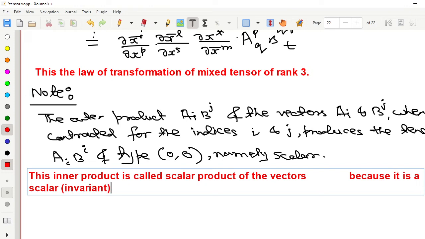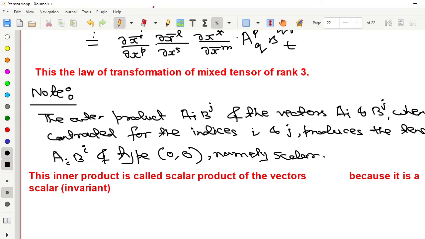The last problem of the last class was related to invariance only. The outer product AI BJ of the vectors AI and BJ, when contracted for the indices I and J, produces the tensor AI BI.